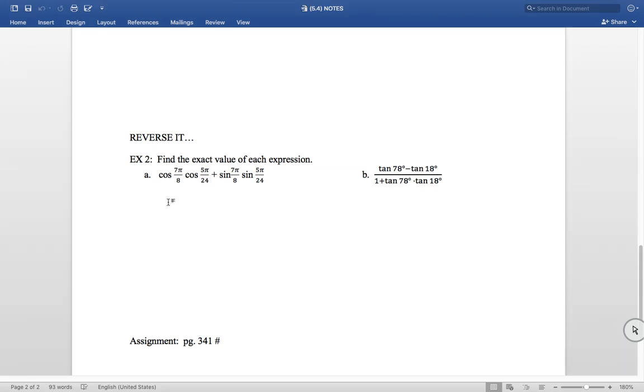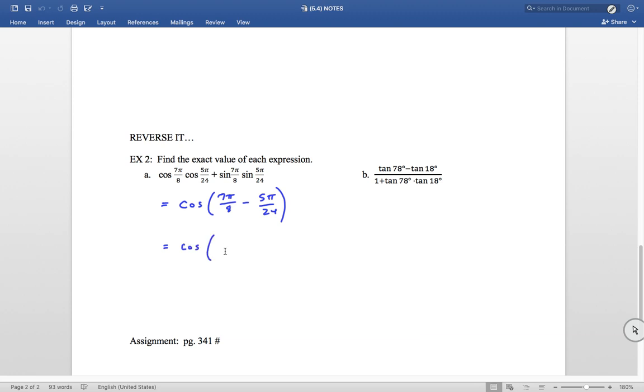So this would be equal to the cosine of 7/8 pi minus 5/24 pi. See, what we did up above was we started with this in blue and went to this. Well, now we're going the reverse way. We're starting with a big old sum identity and backtracking. And then all you have to do is get a common denominator inside here.